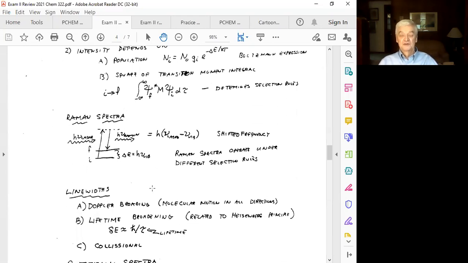I reminded you again about Raman spectroscopy. Basically in Raman spectroscopy, you shine a laser in. Most of your photons come out at the same frequency as Rayleigh radiation. It's not shown on this diagram, but about 1 photon in a million changes frequency by landing on a higher level.